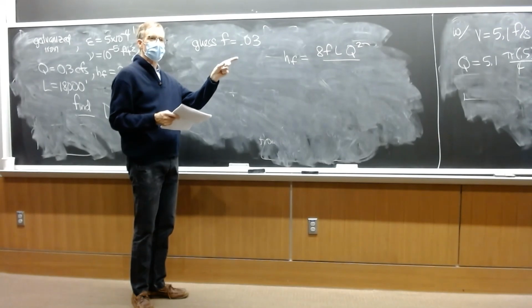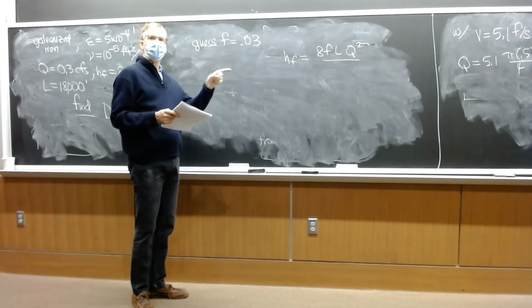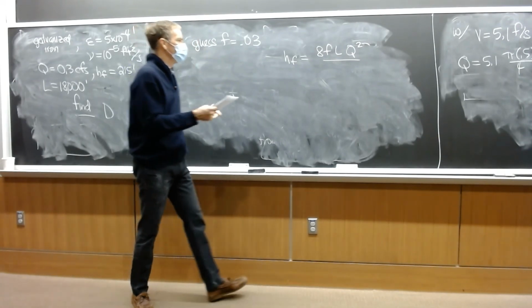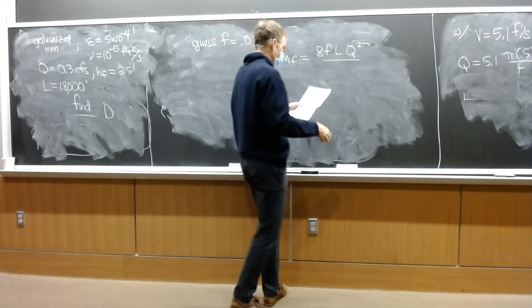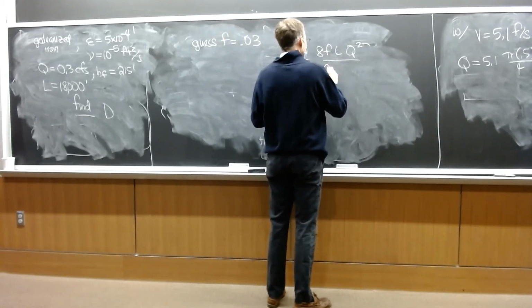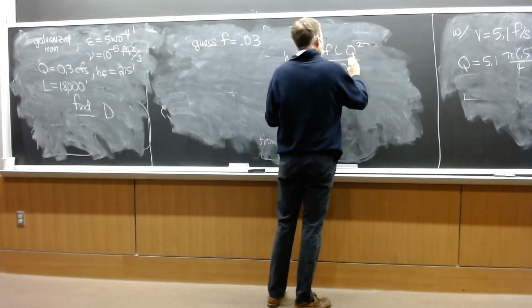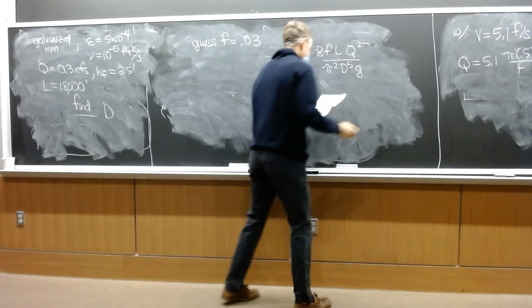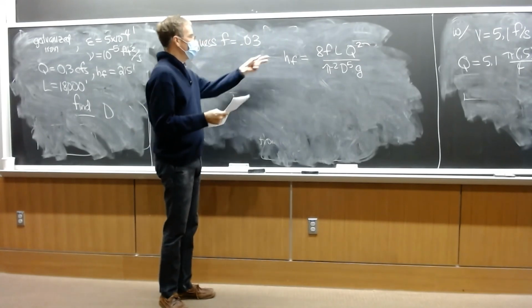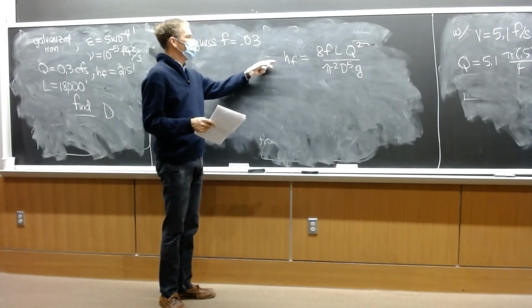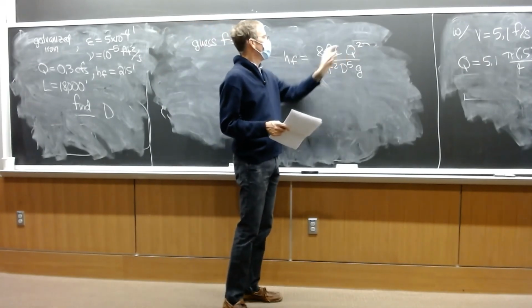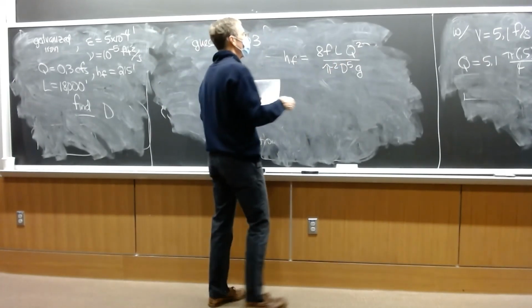I've substituted in V equals 4Q over pi D squared, so instead of V squared, I now have Q squared. This is a version of the Darcy-Weisbach equation that only works for circular pipes.